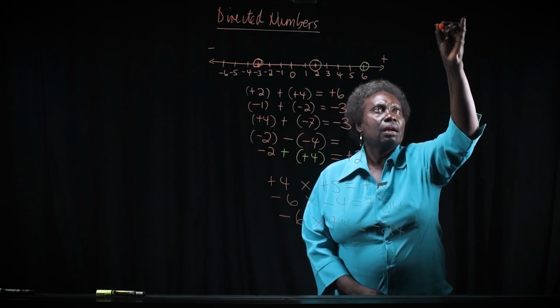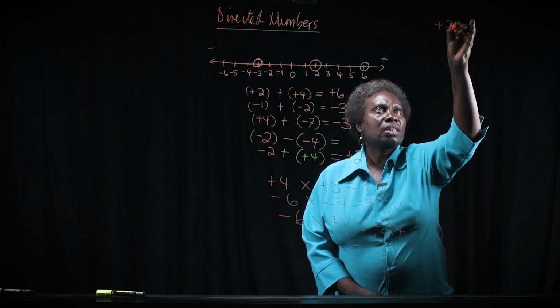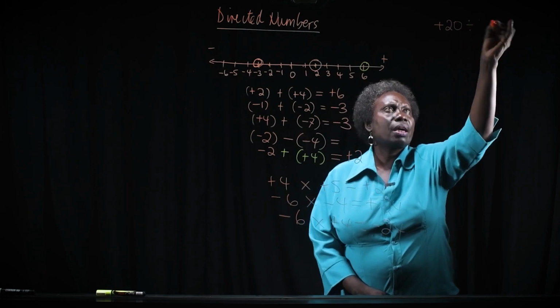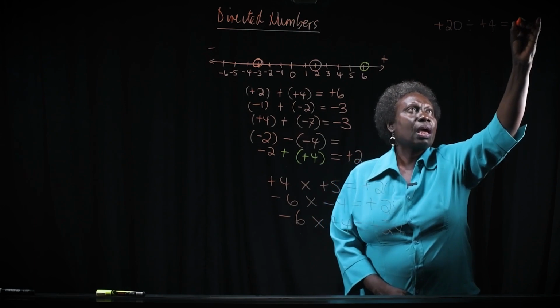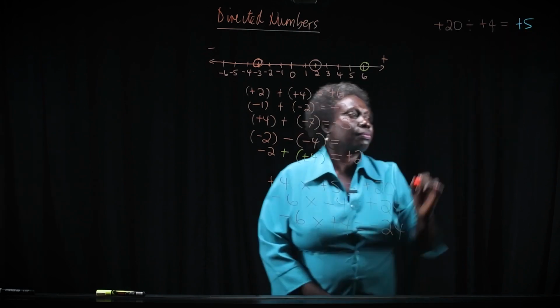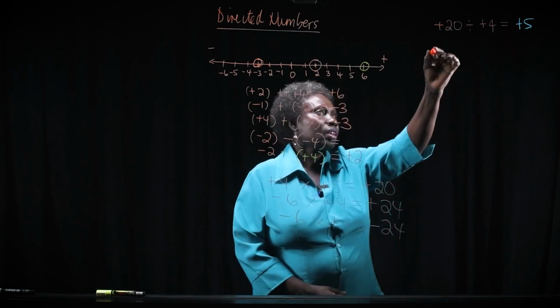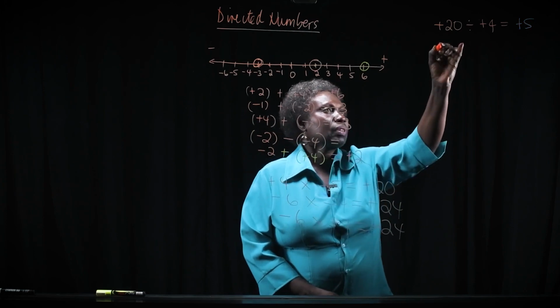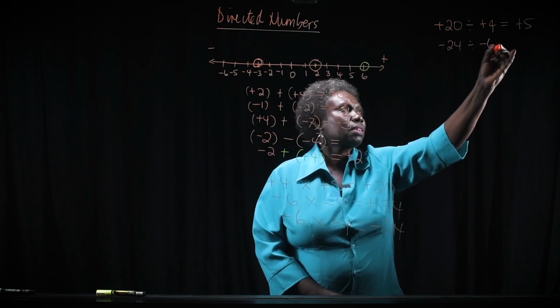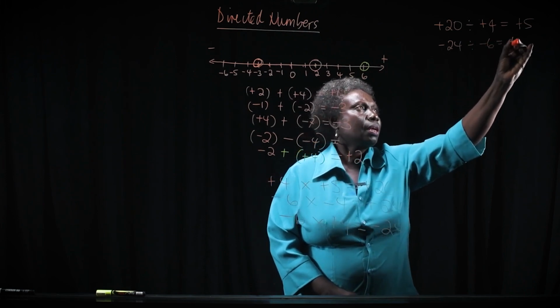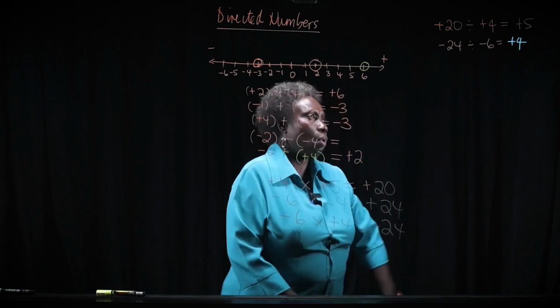Let's say +20 divided by +4. My answer will be +5. Next, -24 divided by -6. My answer will be +4.